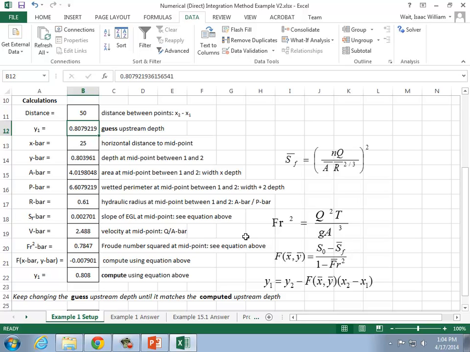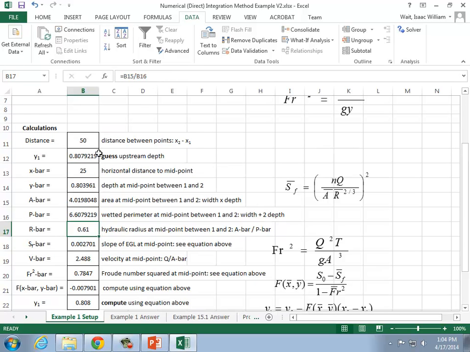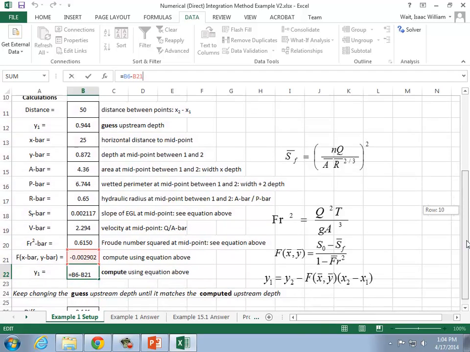I may have typed in a number wrong somewhere because these values aren't matching up. Let me just double check everything. So if I've got my guess depth of 0.944, if I just happen to guess that, 436, that's fine. This is fine. Huh. I must have applied this wrong somewhere, this last equation here.